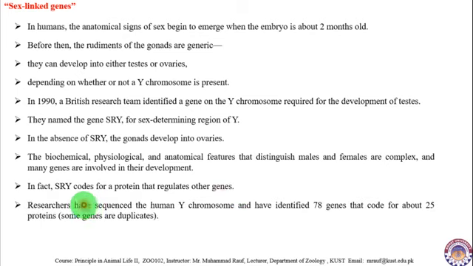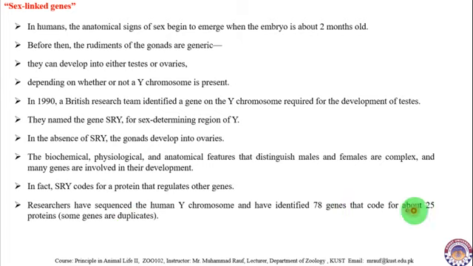Now researchers have sequenced the human Y chromosome and have identified 78 genes that code for about 25 proteins. Some genes are duplicates, meaning they are present in more than one copy.